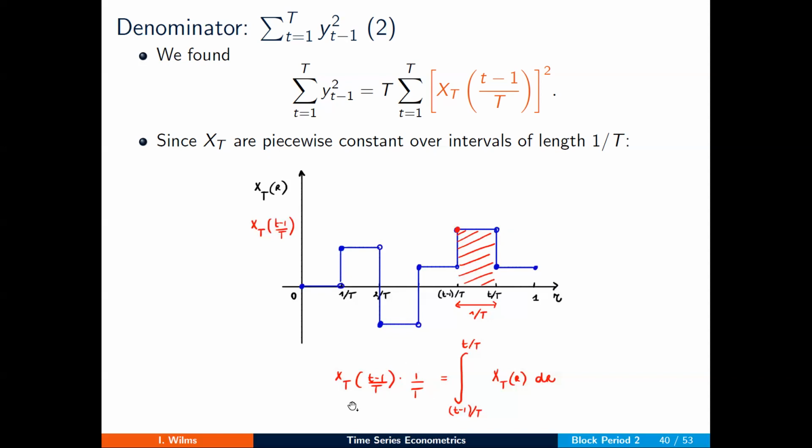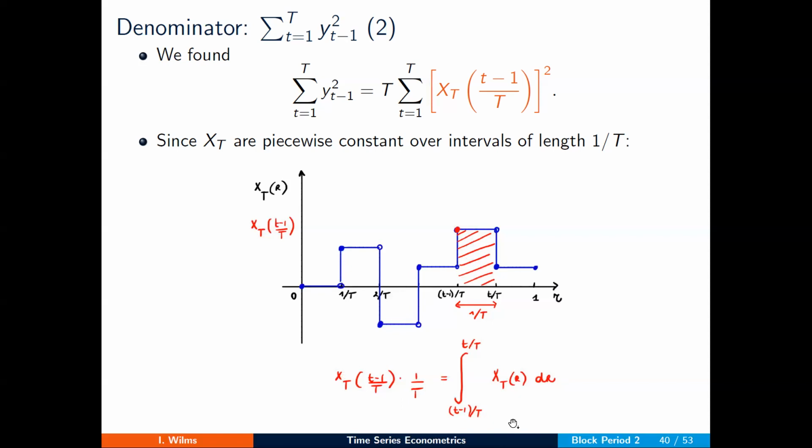Now we also know that this area under the curve is nothing more than the integral of our scaled partial sum process from r equal to t minus 1 over capital T up until t over capital T. So we've computed this area under the curve in two different ways.